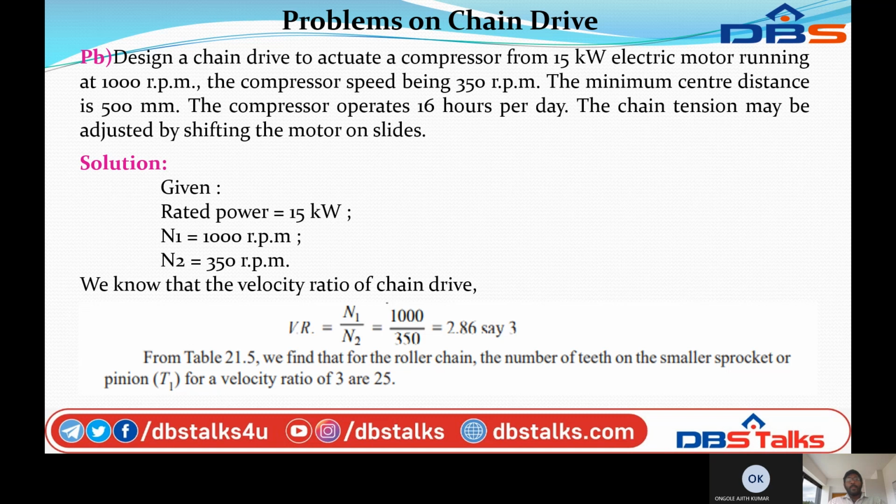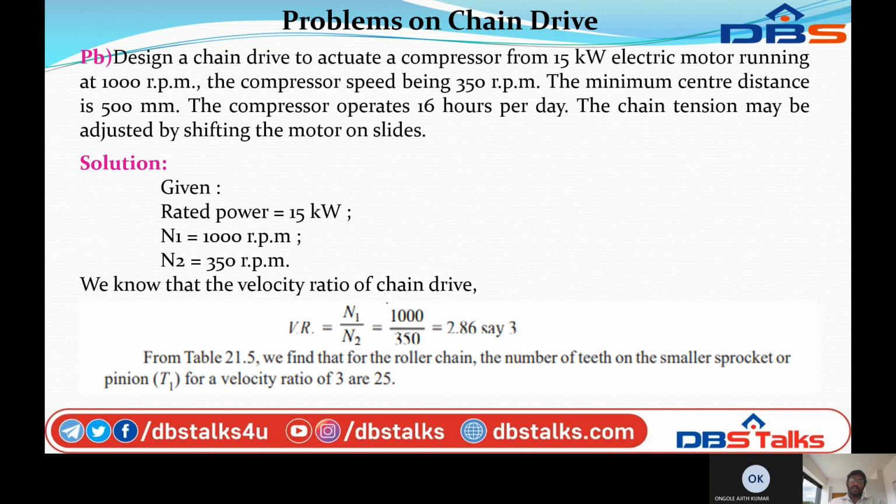So next, problems on chain drive. Problem: design a chain drive to drive a compressor from a 15 kilowatt electric motor running at 1000 rpm.